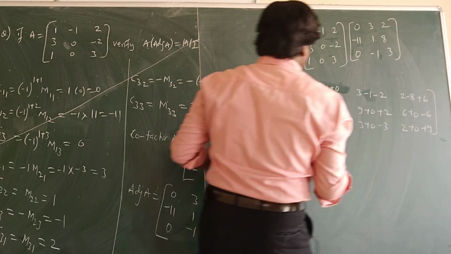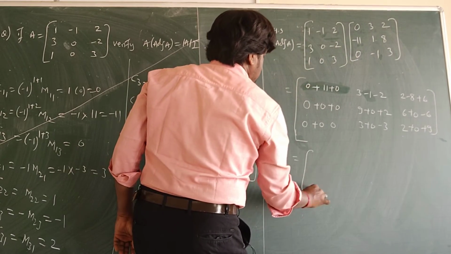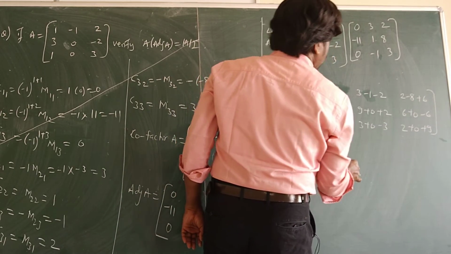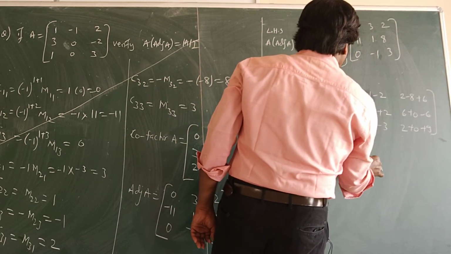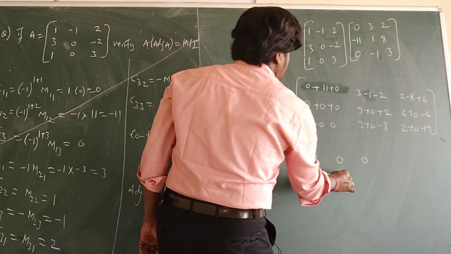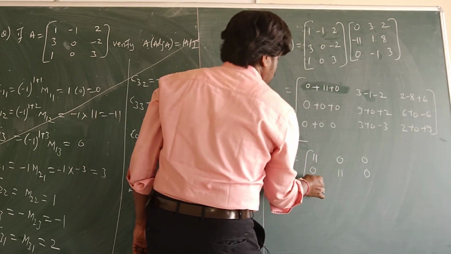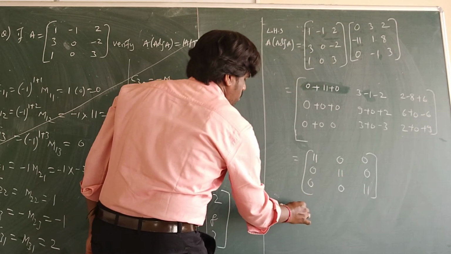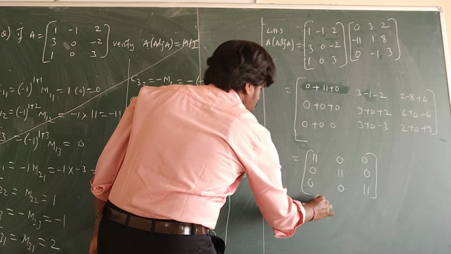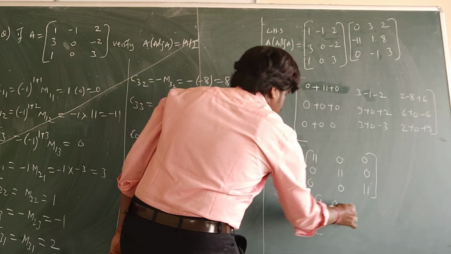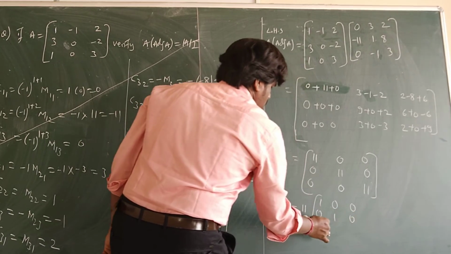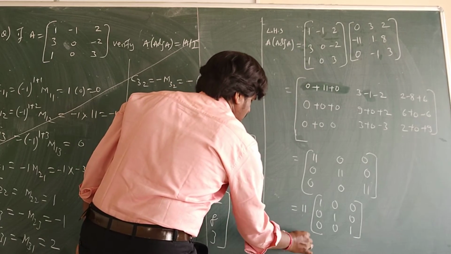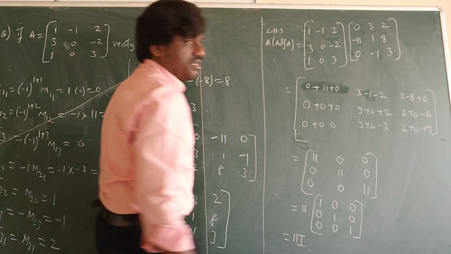So what I am getting here is 11, 0, 0, 0, 11, 0, 0, 0, 11. So 11 take out common, 1, 0, 0, 0, 1, 0, 0, 0, 1.